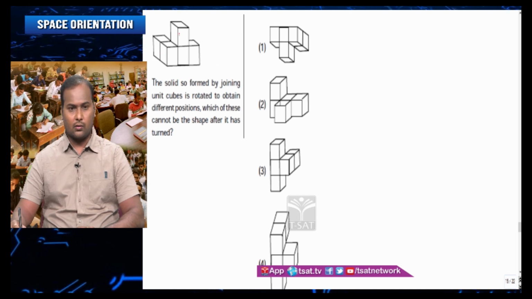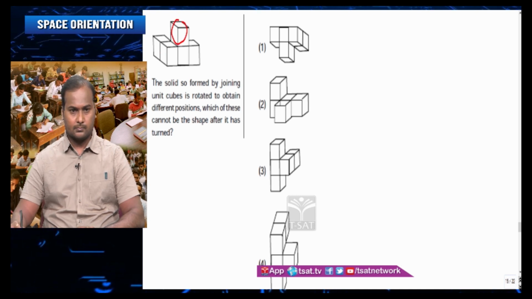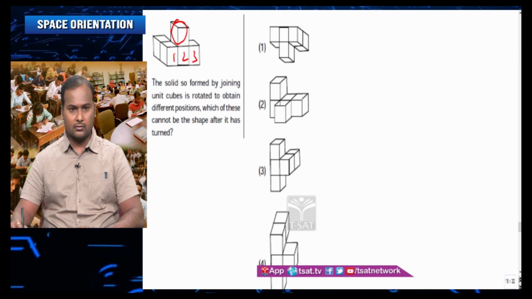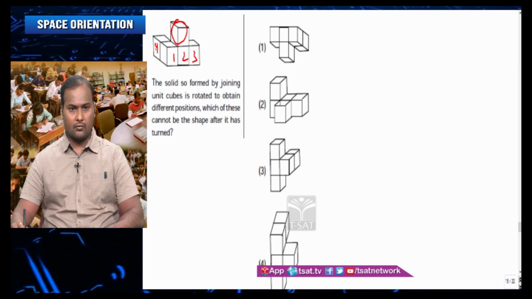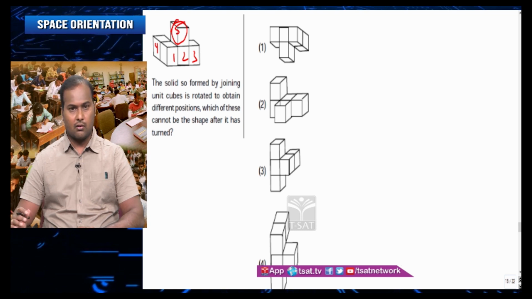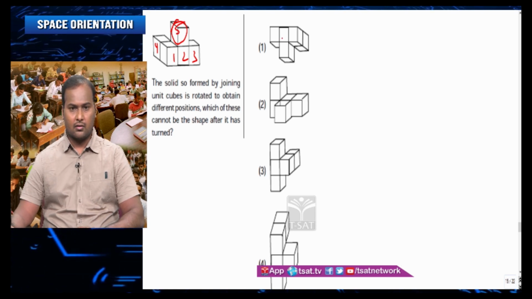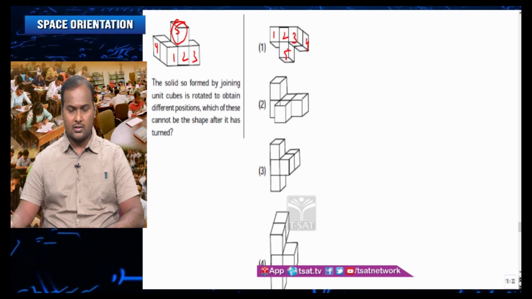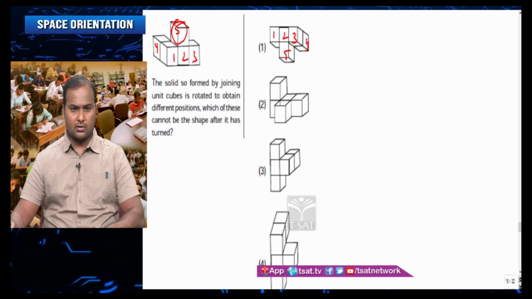So in this case you try to remember this upward position. That is a clue for us, because here 1, 2, 3 and then followed by 4. So 4 are on one line, the fifth one is on the top. So based on this we will check it. Here also see, 4 are on one line, 1, 2, 3, 4 and the fifth one is on top. So this is possible.